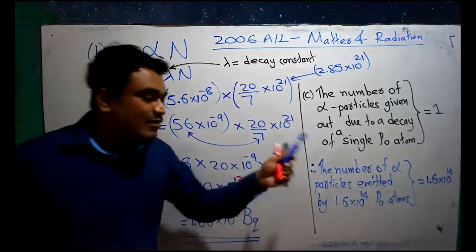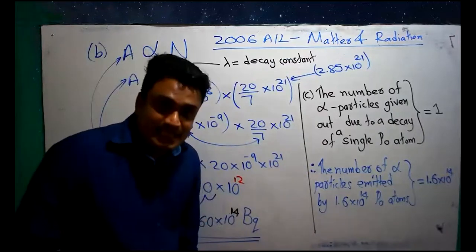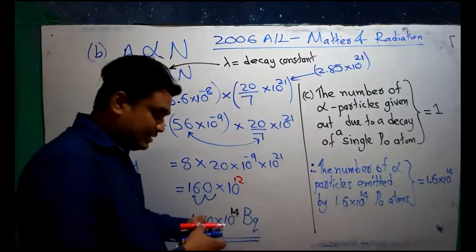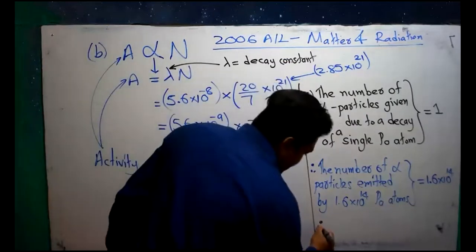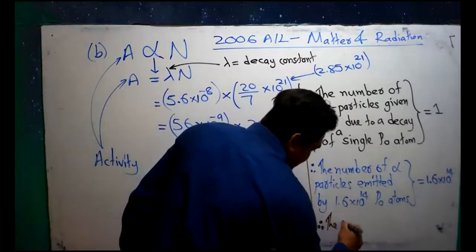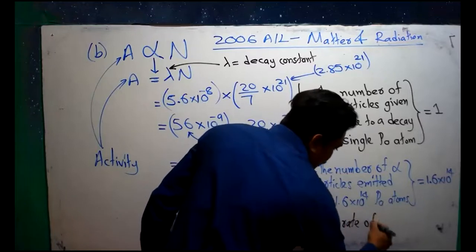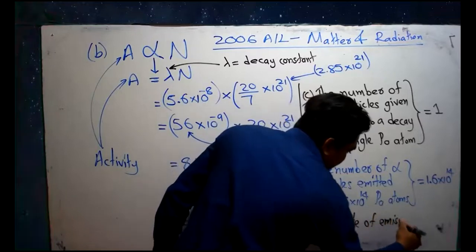The number of alpha particles emitted in 1 second is said to be the rate.